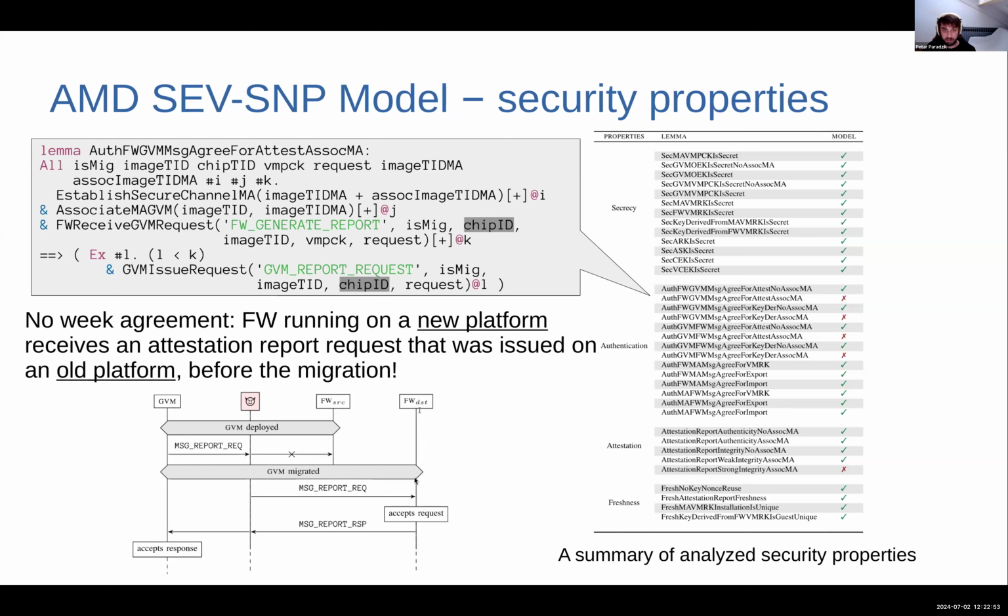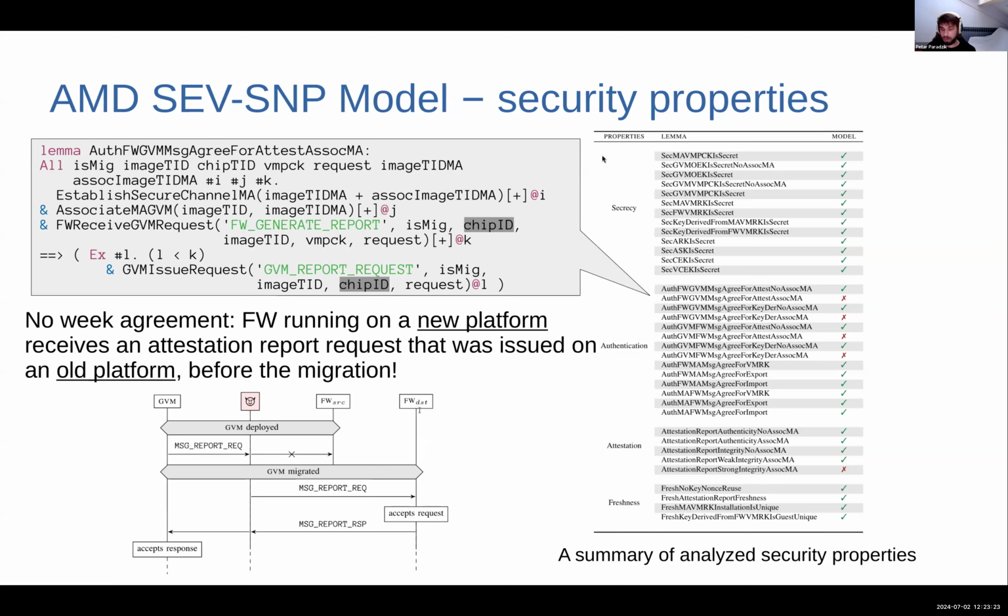The firmware on the other platform will happily accept this request from the guest, even though the request originates from the previous platform. So basically what the adversary did here is just route this message to another platform, and because of this, the firmware accepts the request, and this property doesn't hold.